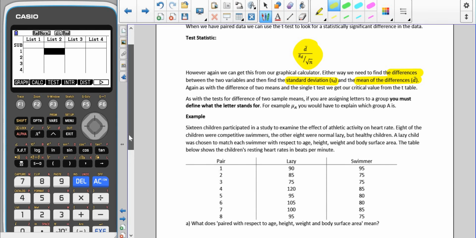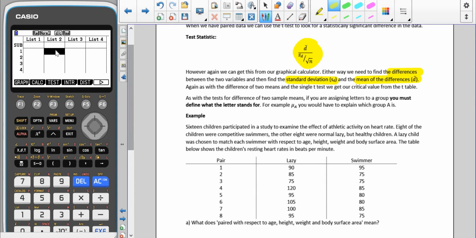Again, as with the difference of two means and the single t-test, we're going to be using the critical value table for the t, which remember is on page 19 of your formula booklet. And this time, the degrees of freedom that we use to find our critical value is going to be the number of pairs of data minus 1.